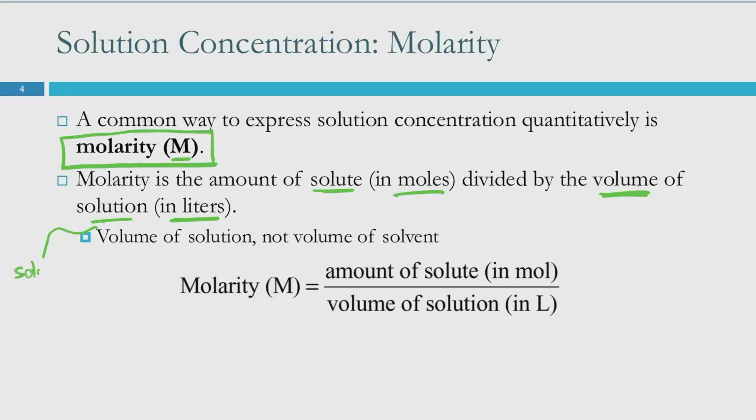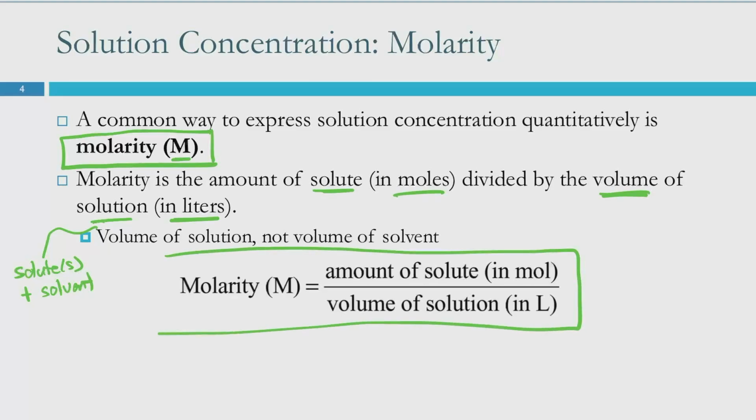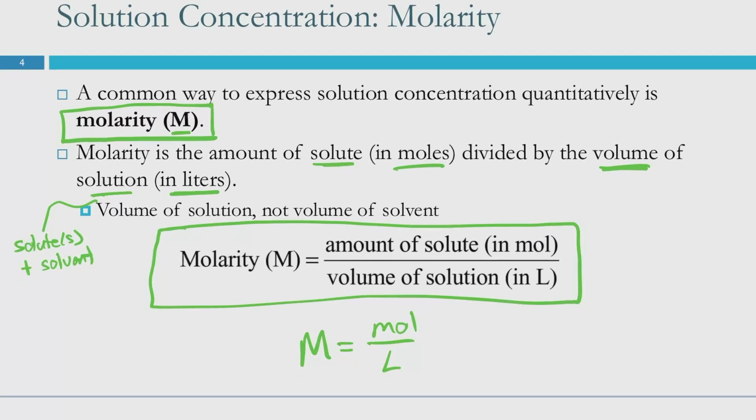So solution meaning solute or solutes plus solvent, the whole thing mixed together, that's the solution, in liters. So molarity is amount of solute in moles over the volume of solution in liters. Or another way that you could write it, big M equals moles over liters.